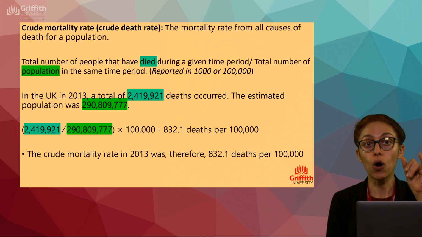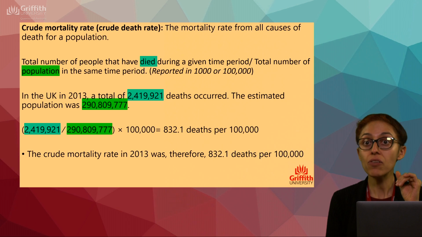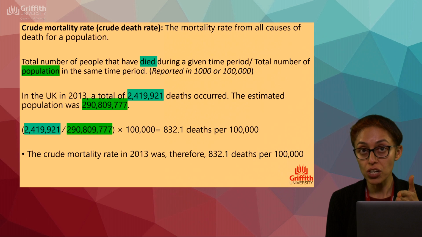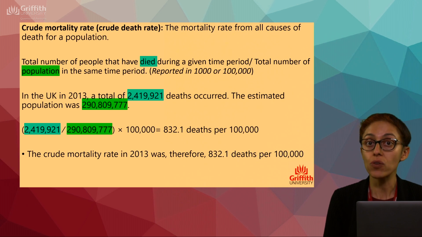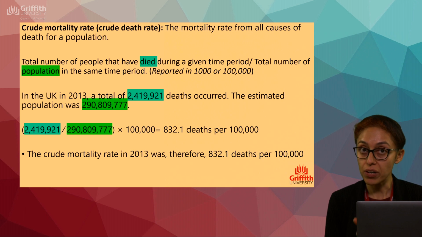So you have your blue number, which is the numerator, divided by the green number, which is the denominator, and then you report the answer in 100,000s, which is what you will be asked to do. You will be clearly told whether to report in 100,000s or otherwise. So you have your numerator divided by your denominator times 100,000, and then you have 832.1 deaths per 100,000. So the crude mortality rate in 2013 was 832.1 deaths per 100,000.